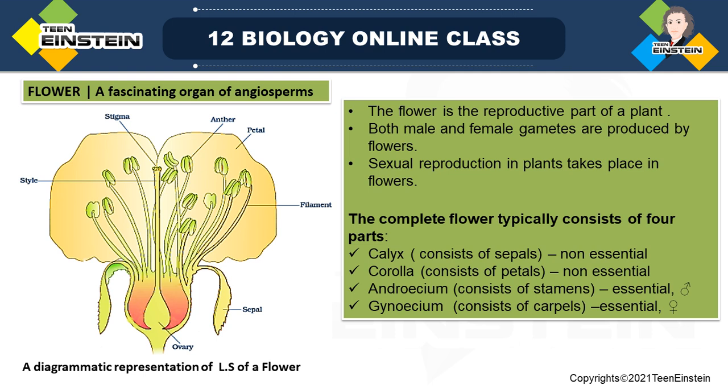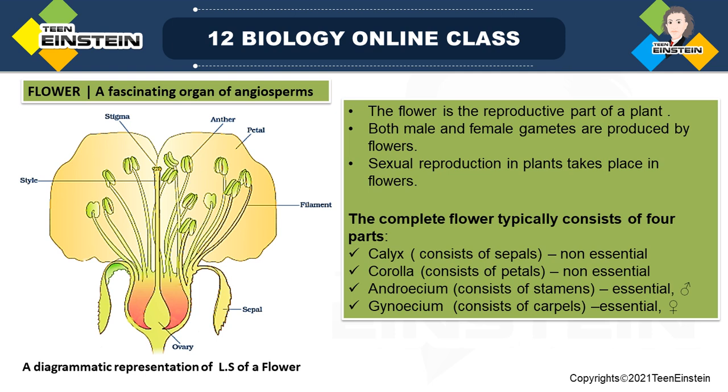And it's not a simple process. I said it's a complex, time consuming, lengthy procedure. So the flower is the reproductive part of higher plants. The flower is producing both the male and female gametes, and in the flower the sexual reproduction is taking place.